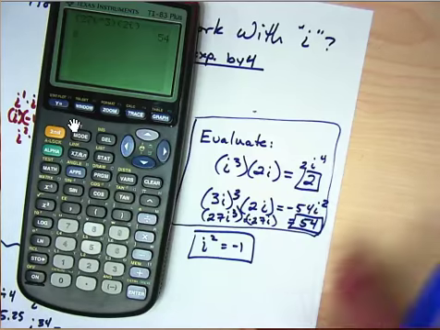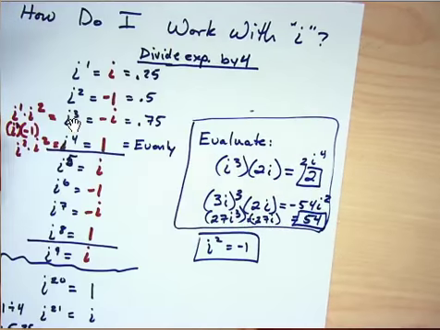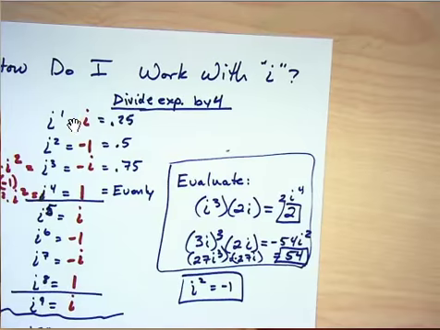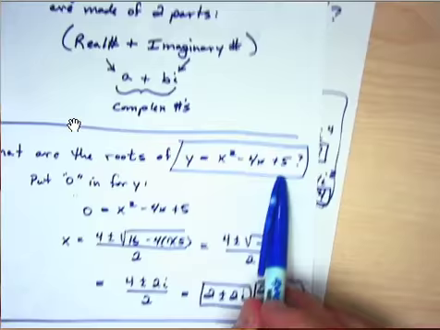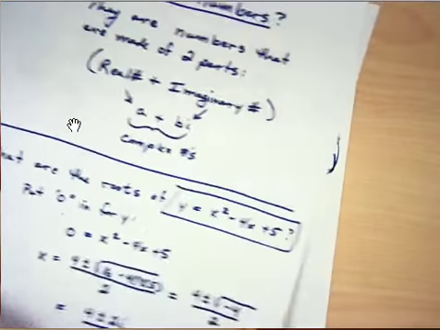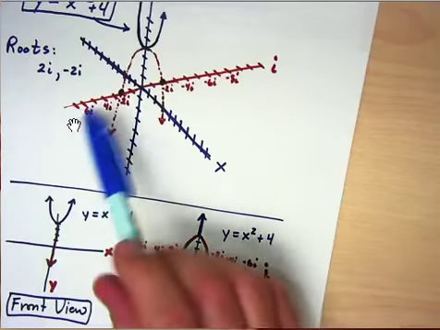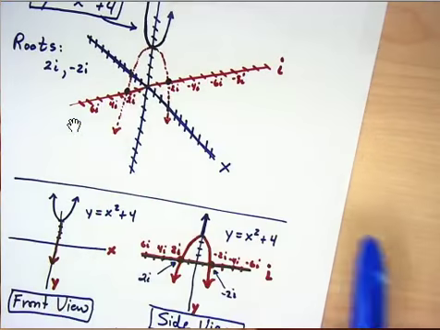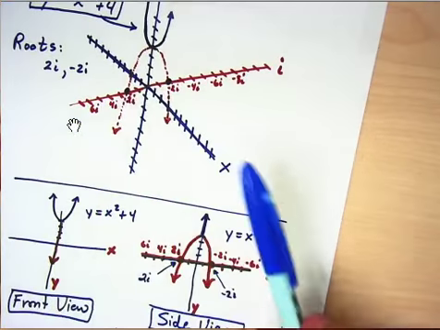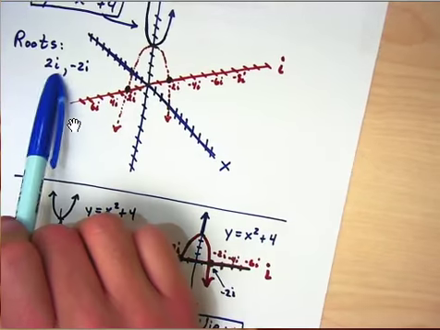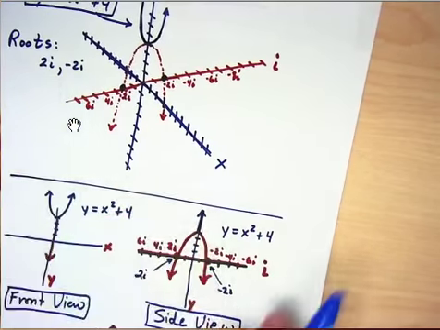Now hopefully you're going to have success as you go through the problems in the homework, realizing that there are graphs of equations that have complex roots when you solve some of the quadratic equation problems, finding out that they actually have graphs that hit the imaginary axis at different values, and they're going to have positive and negative roots like these that were positive 2i and negative 2i.